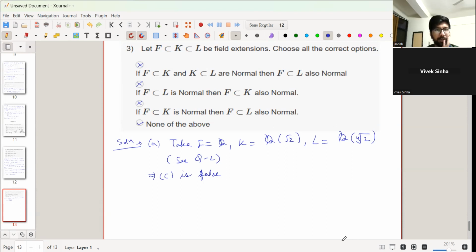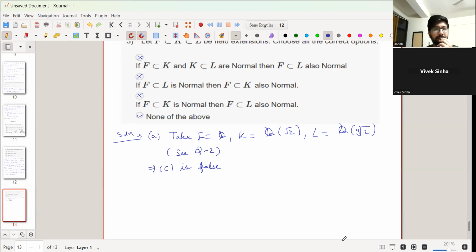In first we also have that K contains L to be normal, then still we were not able to see whether F contains L is normal. So C is just a special case of A. So if A is false, then C will definitely be false, right? Only thing now is to see B.